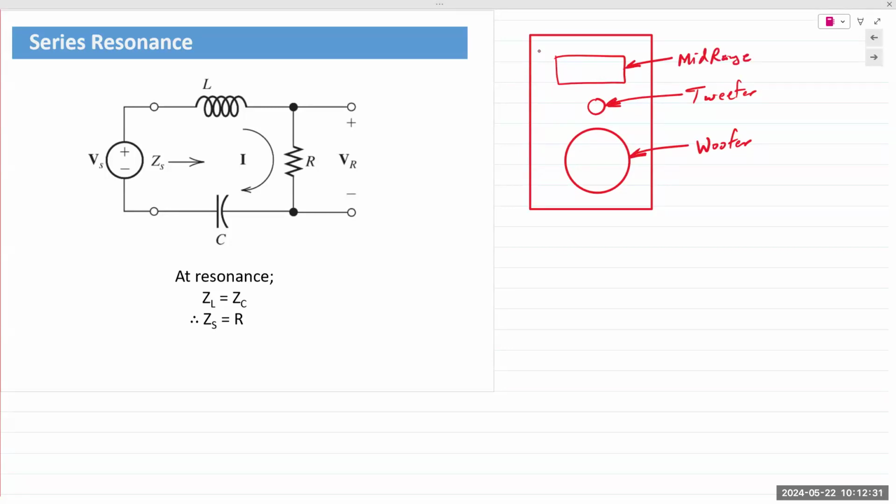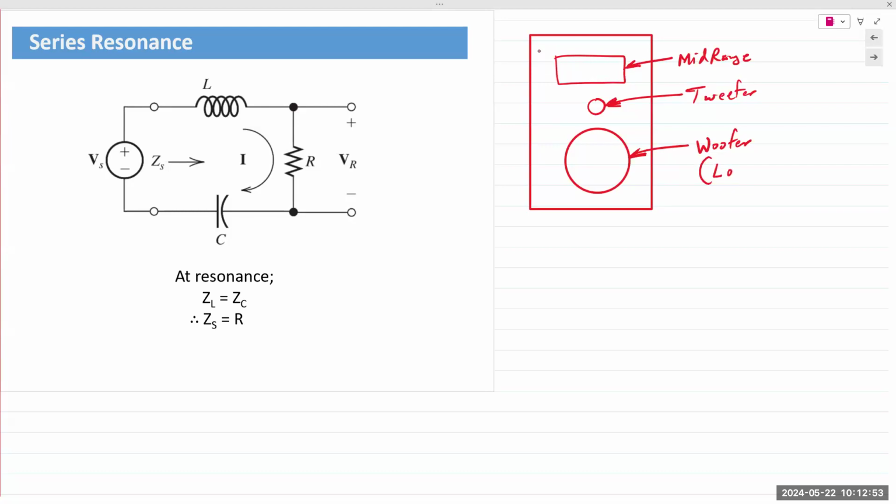As the student mentioned, the woofers, the large ones, are used to reproduce the low frequency signals. That is the loud thumping noises or the bass sounds in audio systems, right? The loud explosions in movies or the thumping beats in a song.